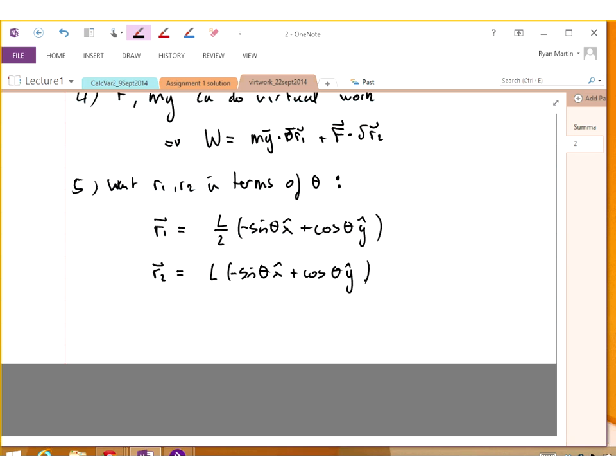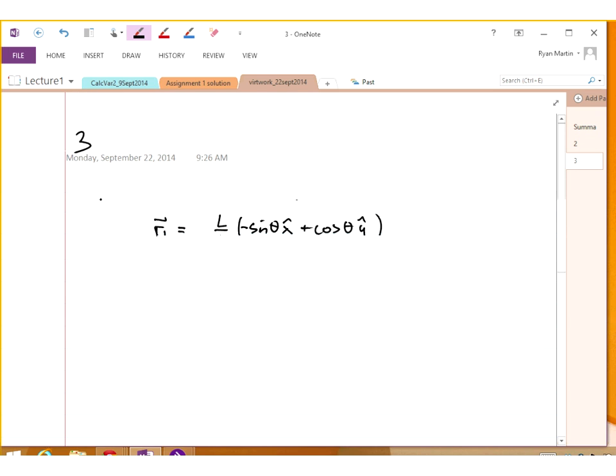Okay, so I've just written out the vectors R1 and R2 in terms of L and sine theta. L is a constant. So what we want now is delta R1 and delta R2.